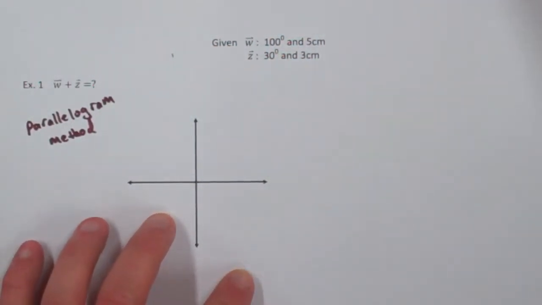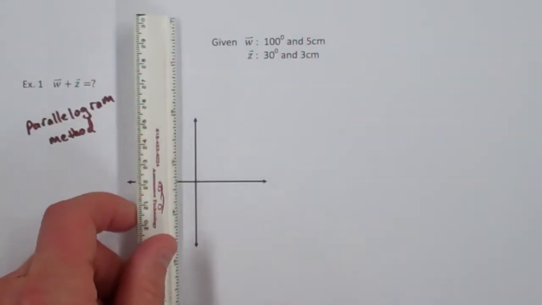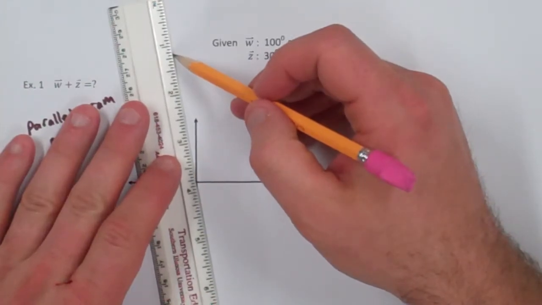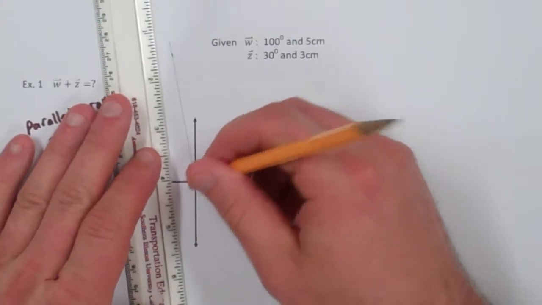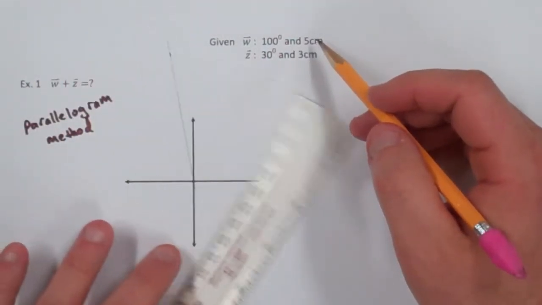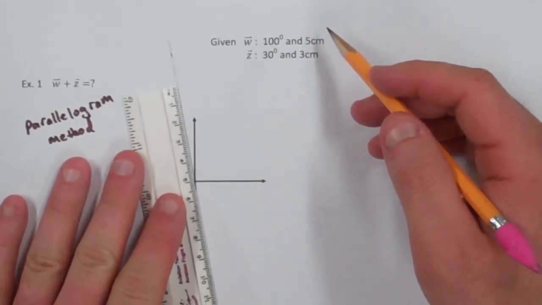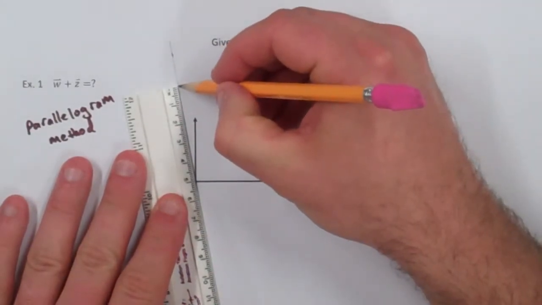To make our vector, you can do this at the same time or a different time. I'm just going to draw a line across here for now, nice and light and easy, and then I'll bold this in for you. We want to make sure that this is at 5 centimeters. So if I switch over to the centimeter scale on my ruler and get as close as I can, it looks like that's going to stop right about here.